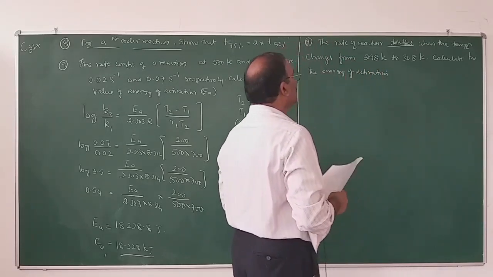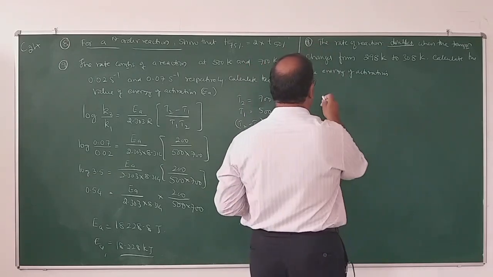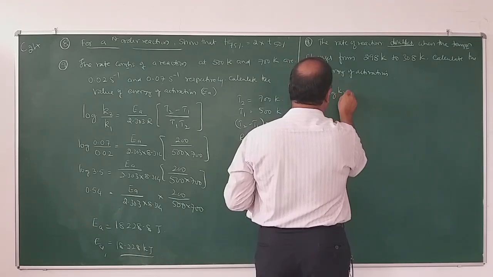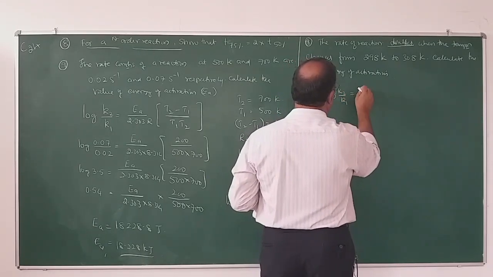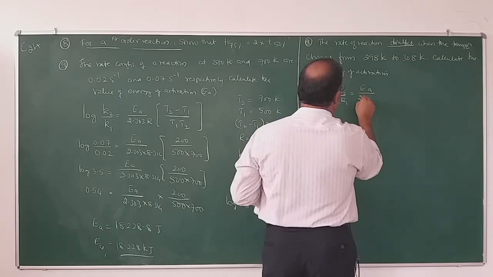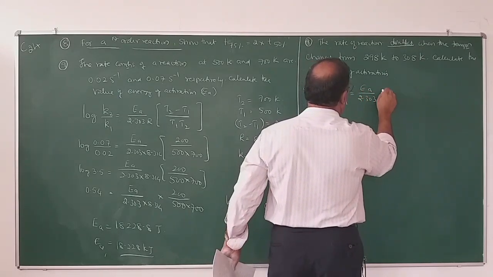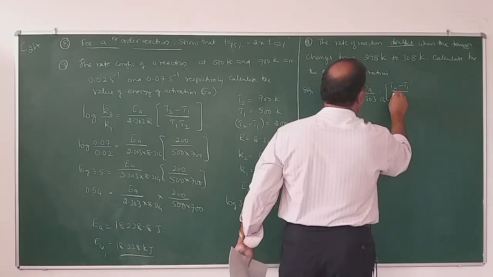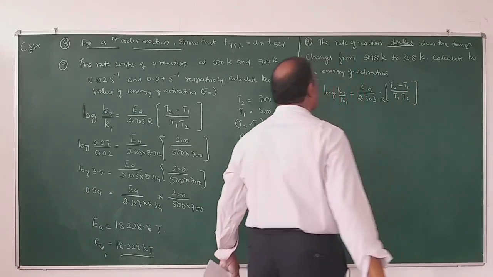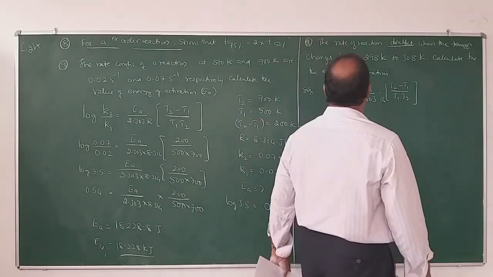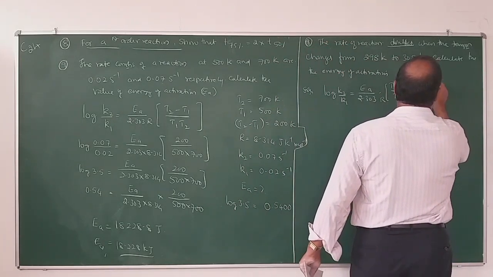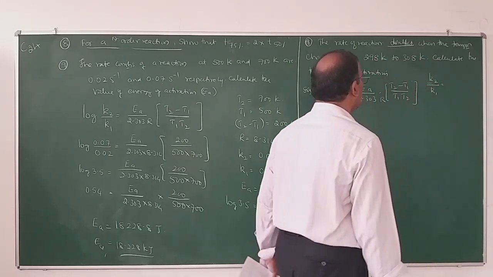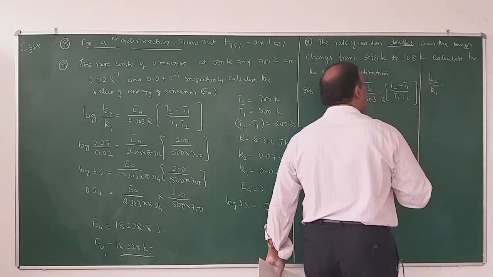So here we have to use the same formula: log K2 by K1 equals EA over 2.303 R into T2 minus T1 divided by T1 T2. Here the rate is nothing but the rate constant.